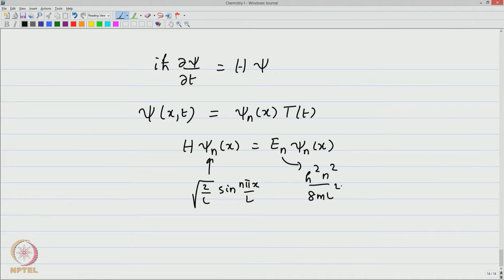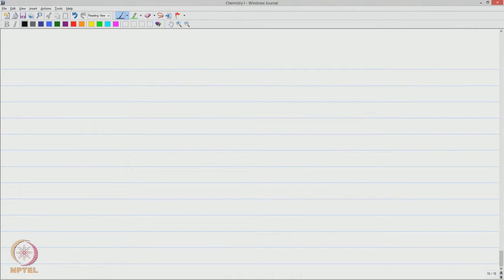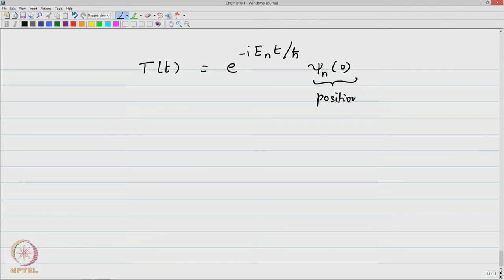So, what is T of t? It is also very simple. T of t is exponential minus i E n t by h bar times psi n of 0. So, this is the position wave function that you have, and this is the exponential factor.